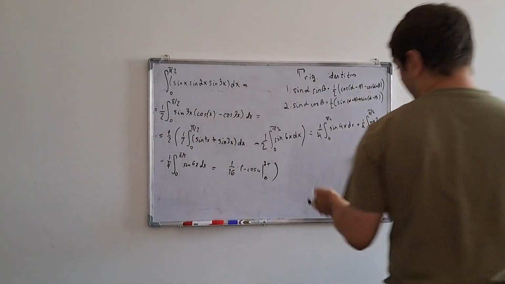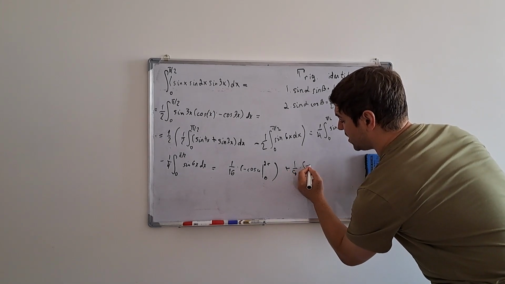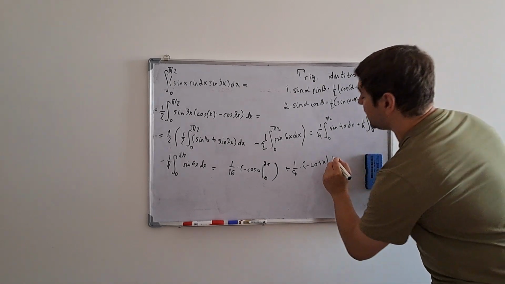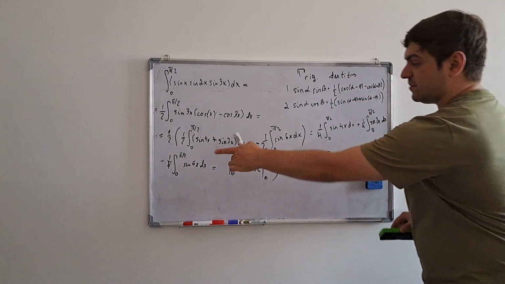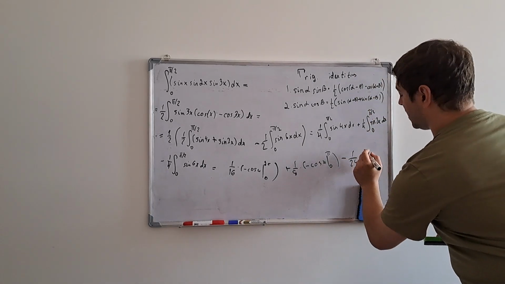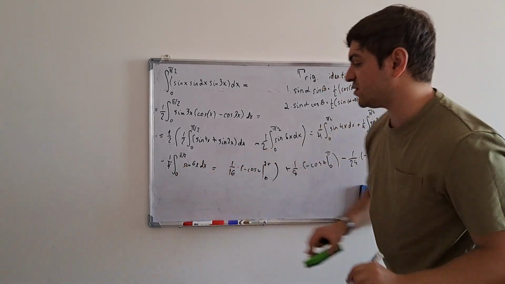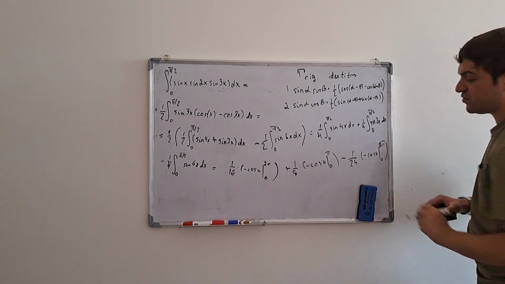Now with this one, I will have 1 over 8 times minus cosine u. 2 times pi over 2 will give me pi, and 2 times 0 will give me 0. And minus 1 over 24 times minus cosine u. 6 times pi over 2 will give me 3 pi, from 0 to 3 pi.